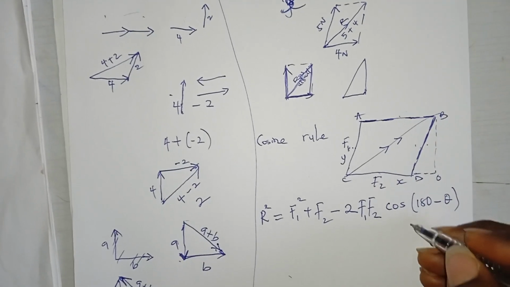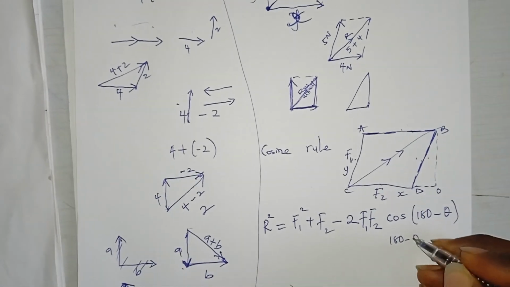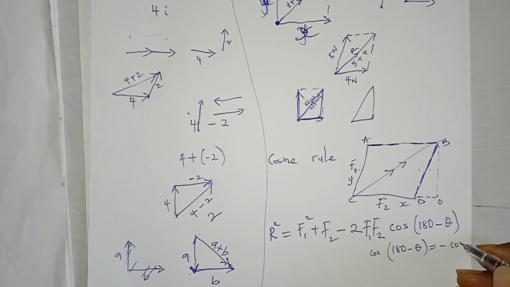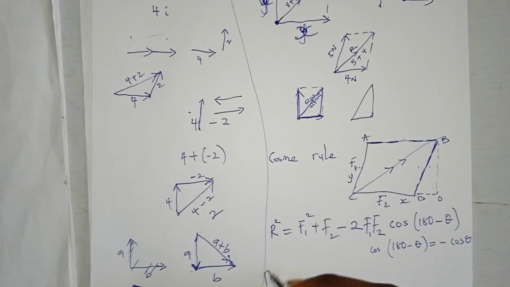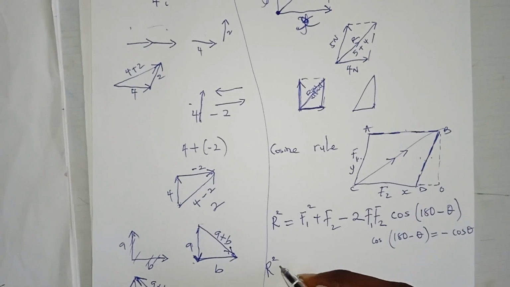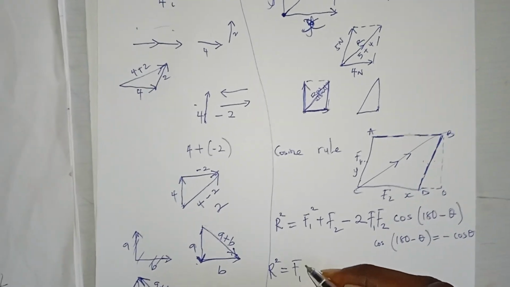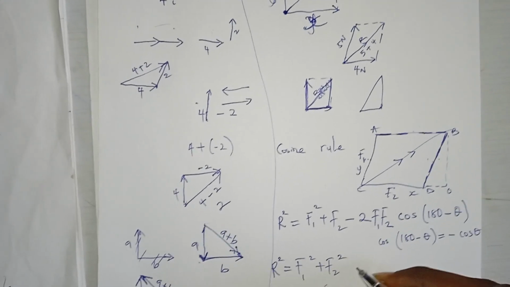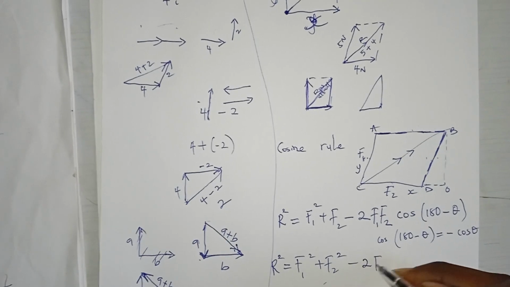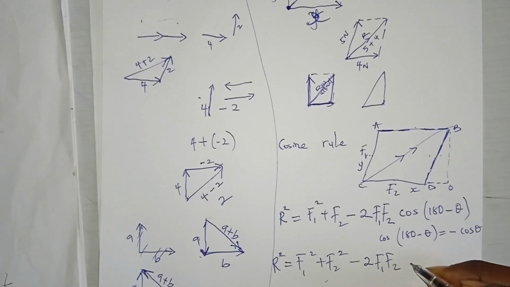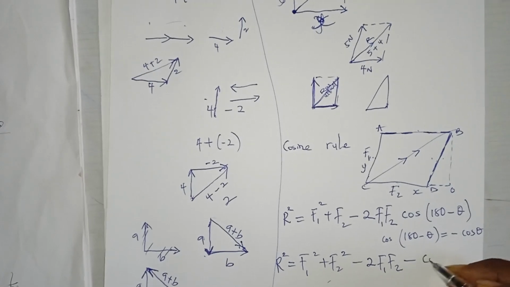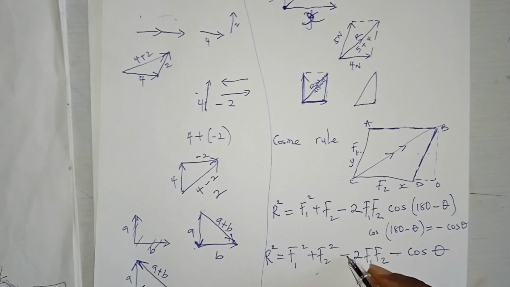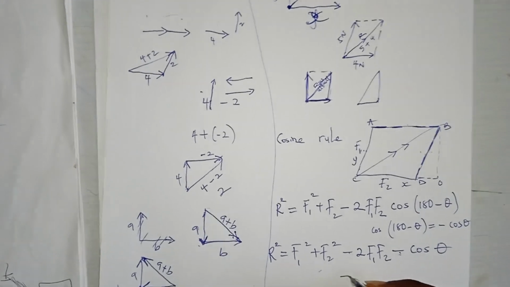And you know that by trigonometry, cos (180 minus theta) is equal to minus cos theta. So let's replace it. It now becomes R squared equals F1 squared plus F2 squared minus 2F1F2 times minus cos theta.